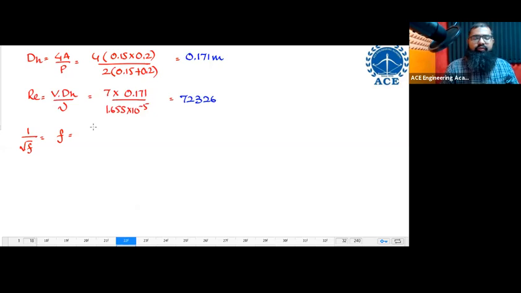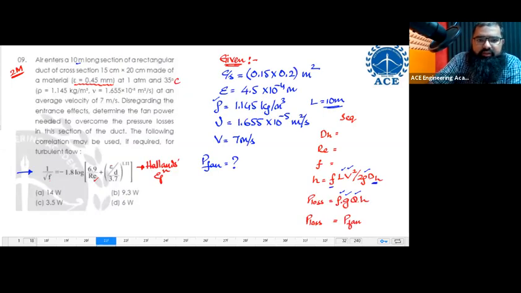The value of f up till 4 decimal places, please. Please start. This is the question slide.